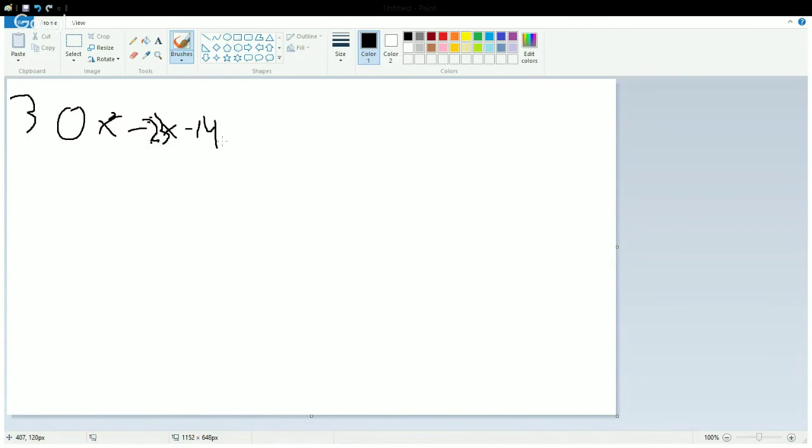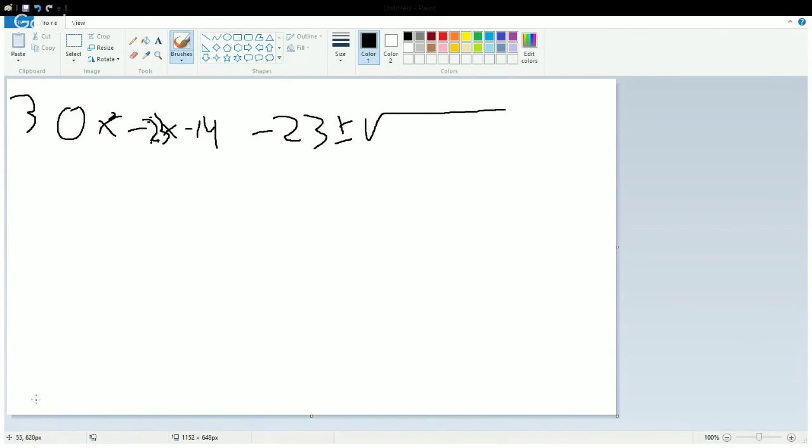Correct. Okay. Now here again, I'm going to run the shortcut for you to be able to make this work. This is where the shortcut comes. So negative 23, let me make sure that I've actually written this correctly. Negative 23 plus or minus square root.